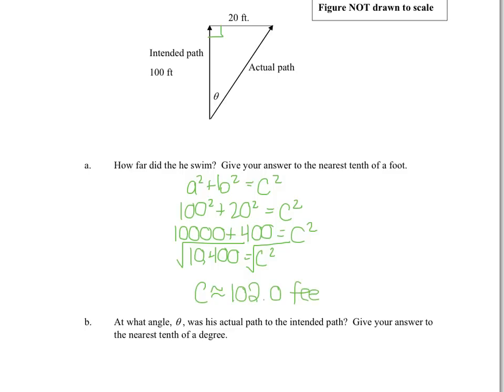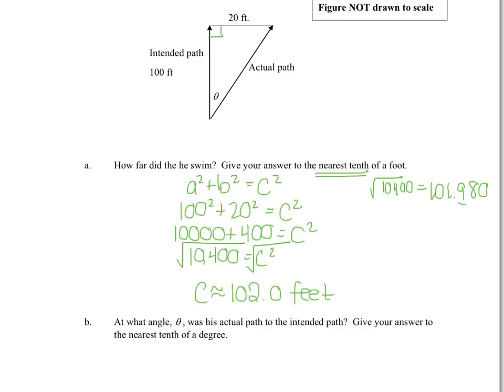102.0 feet. Now, why did I get 102.0? Well, the square root of 10,400 is actually 101.9803903. We were asked to round to the nearest tenth.